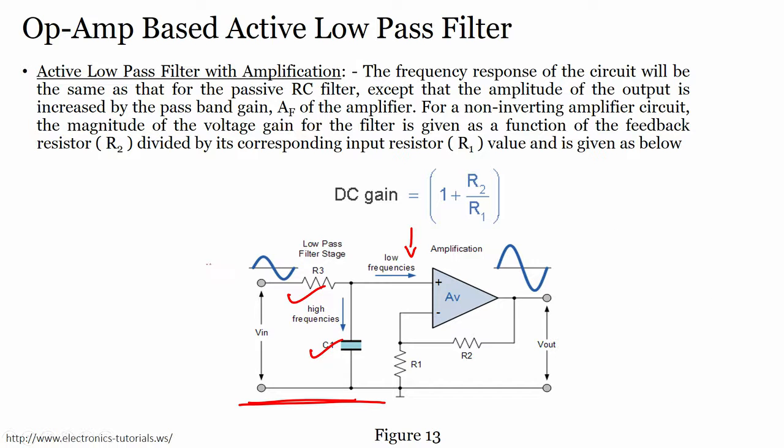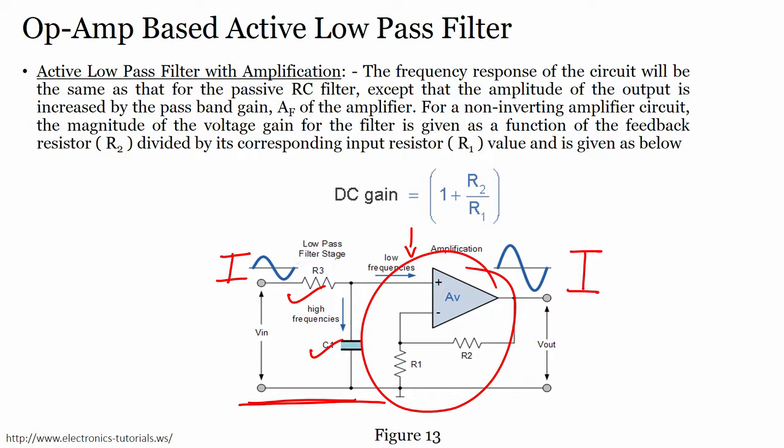If I see the peak to peak voltage here and the peak to peak voltage there, there is an increase in amplitude. This increase in amplitude is given by the non inverting amplifier.